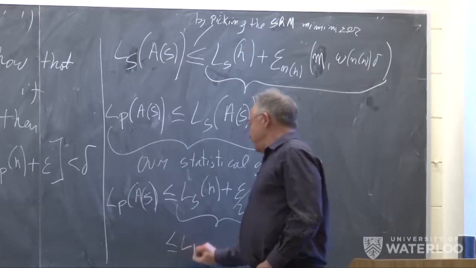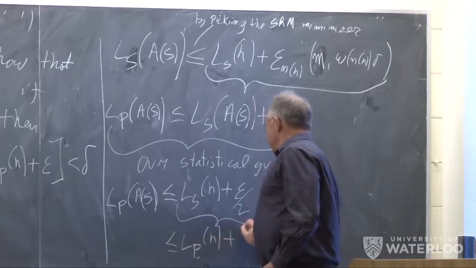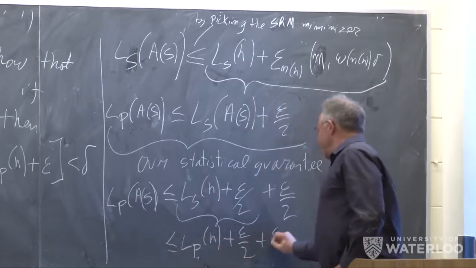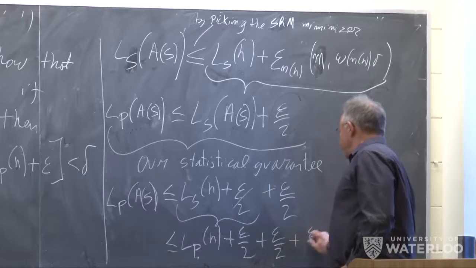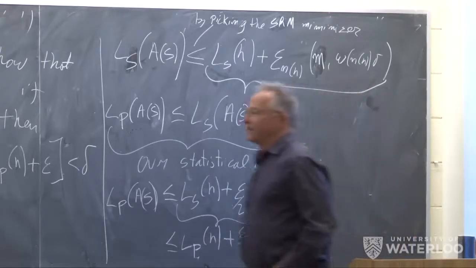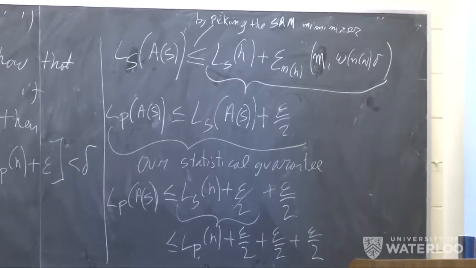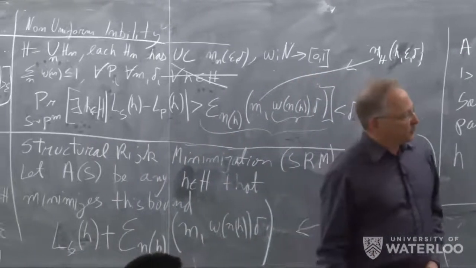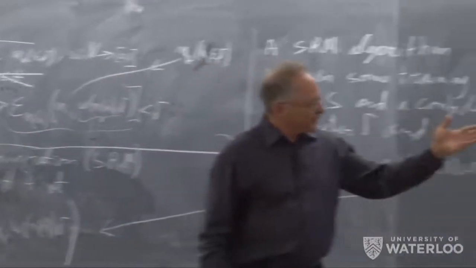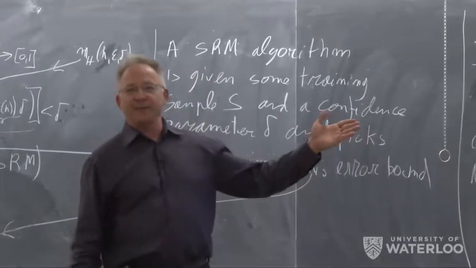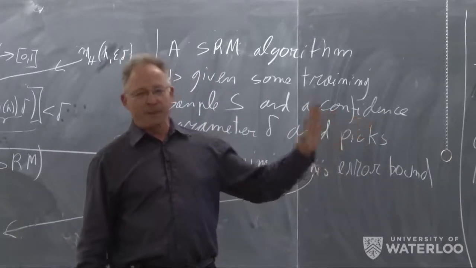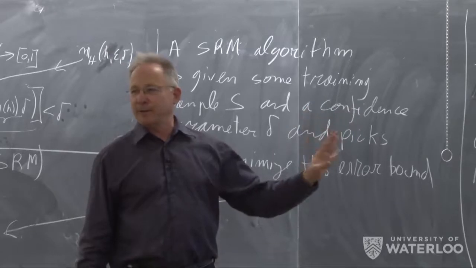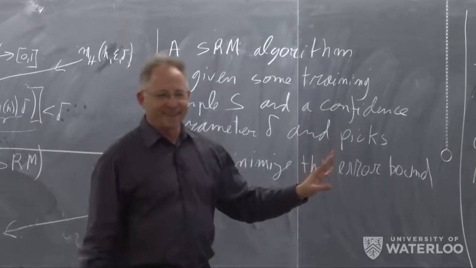I get here LP of H plus epsilon half plus epsilon half plus another epsilon half, because, again, for every H, this gap is at most epsilon half. So in particular, it holds for the H that I'm competing against. So for some reason, I got 3 halves epsilon instead of epsilon. But it's good enough to show that the algorithm learns well.